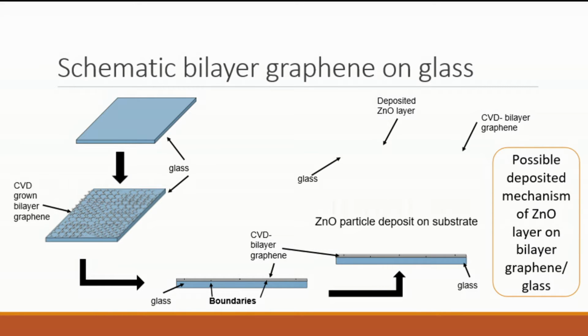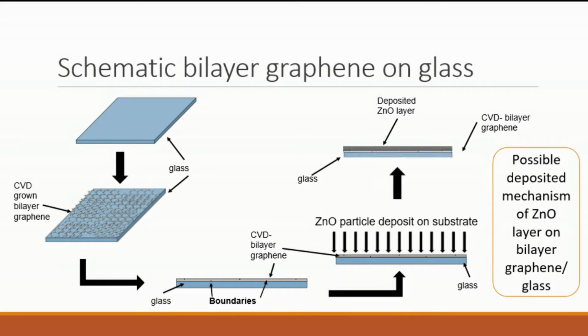The next one is the cross-section during the deposition process, where we deposited zinc oxide on the CVD bilayer graphene on glass. Lastly, we can see the cross-section of the deposited zinc oxide layer on bilayer graphene on glass, as there is a black layer on top of the graphene and glass.